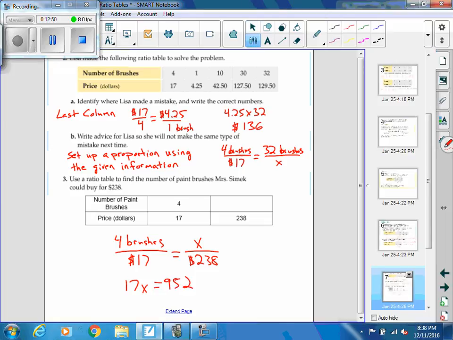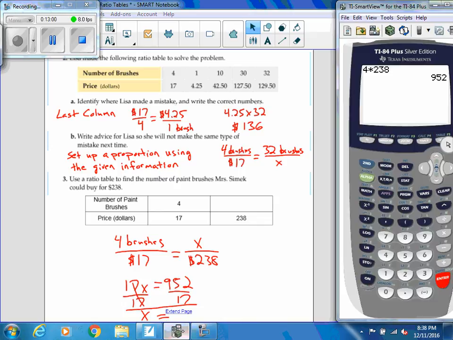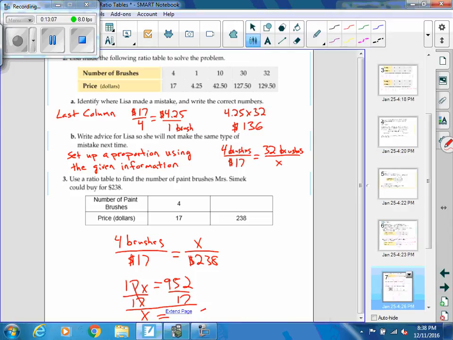And again, we just have to divide by 17 there. 17's cancel. So we get x equals what 952 divided by 17 is, which is 56. So it would be 56 brushes that she could buy for the $238.